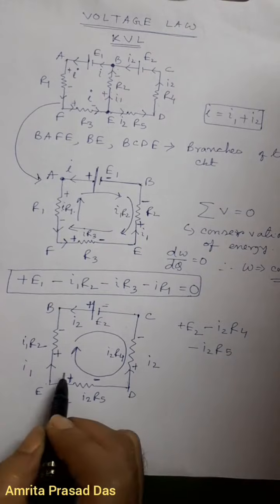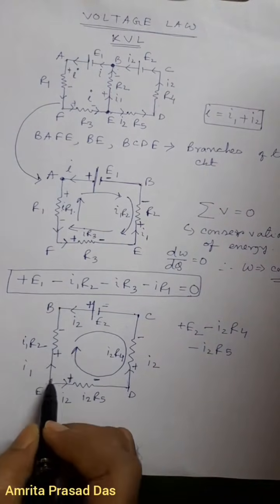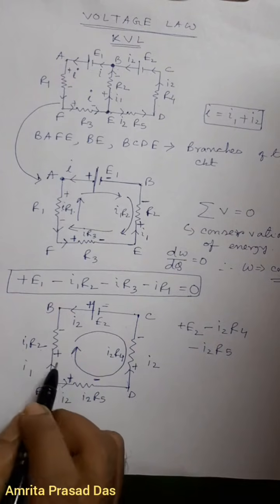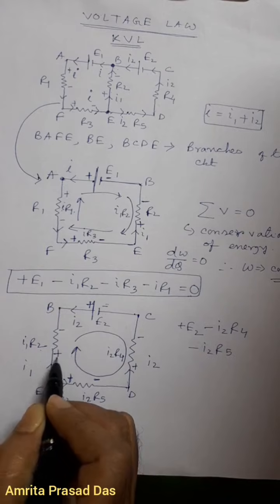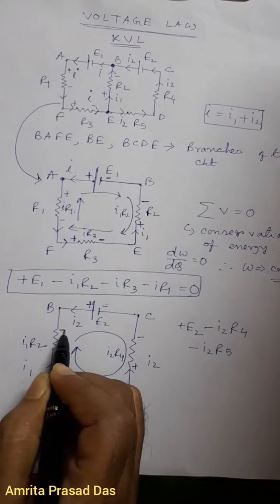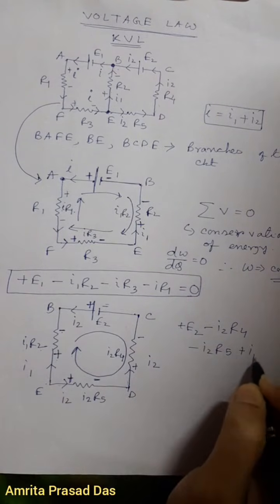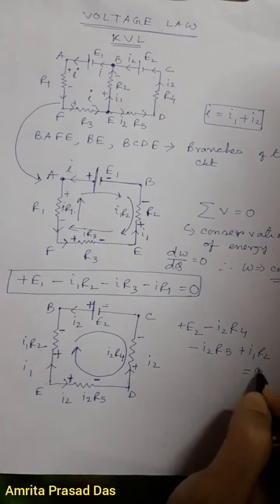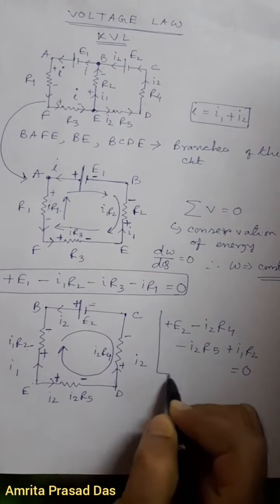And finally you are moving through the resistance R2 and getting a potential difference I1 R2, moving from high potential point to low potential point, that is from plus to minus. Hence you are getting a potential difference plus I1 R2. The sum of all these potential differences is equal to 0. This is another equation.